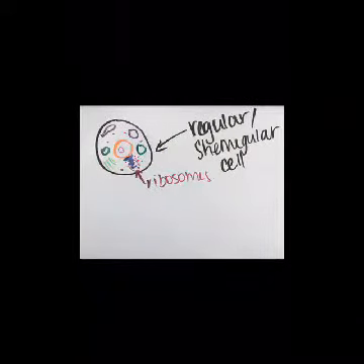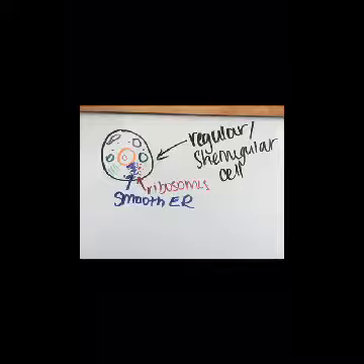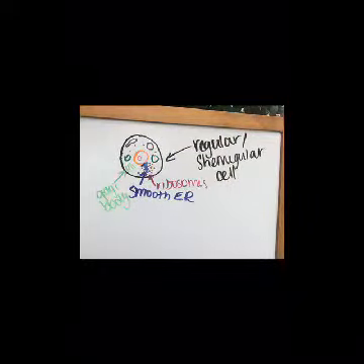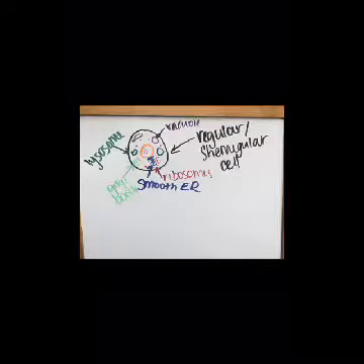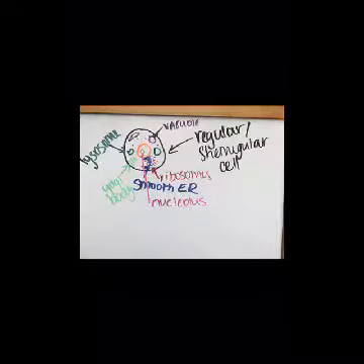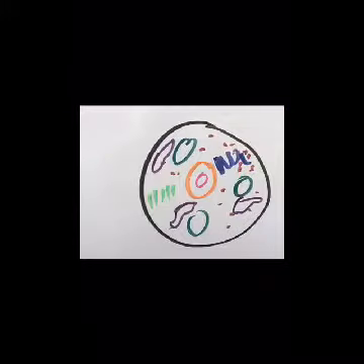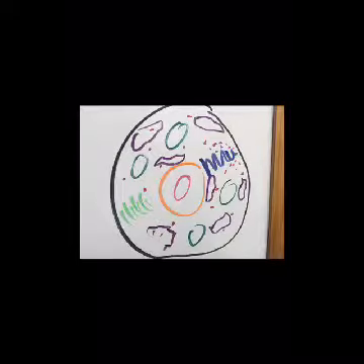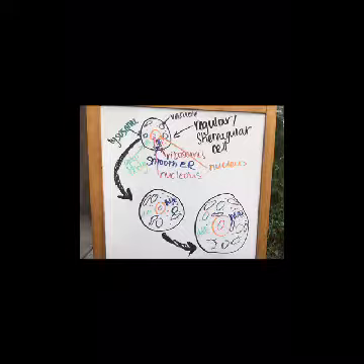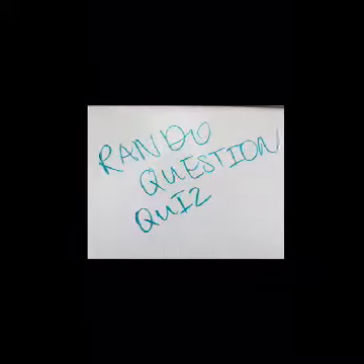We have ribosomes, smooth ERs, Golgi body, lysosome, vacuole, nucleolus, and nucleus. And then it gets bigger, the cell swells. So we get a tiny cell to a big cell.